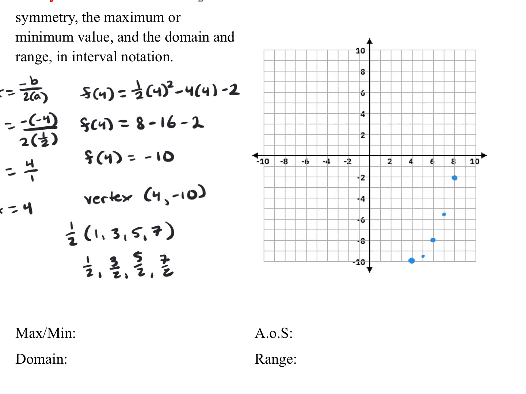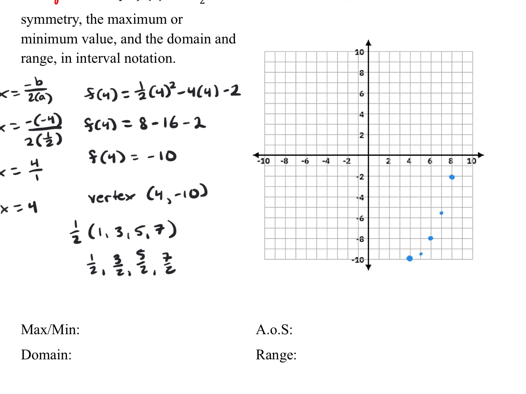So it gives us some nice coordinates to work with. And then I'm just going to reflect a couple of those over my axis of symmetry like this. I guess I could reflect all of them, why not? And here we have plenty of points to make this an accurate graph.